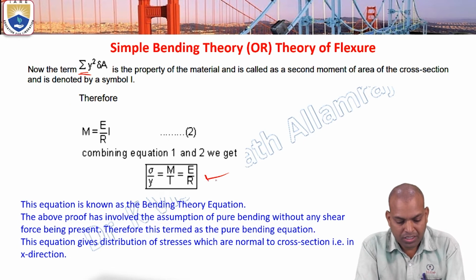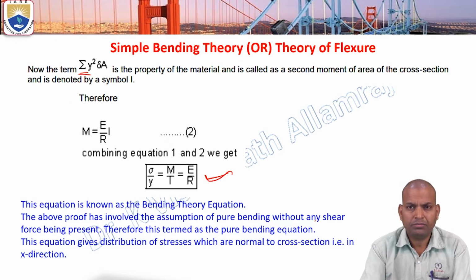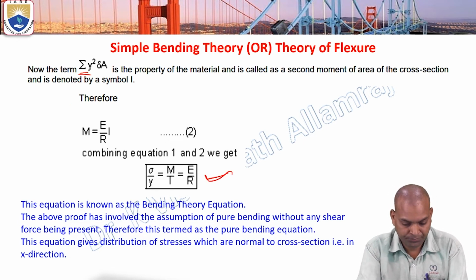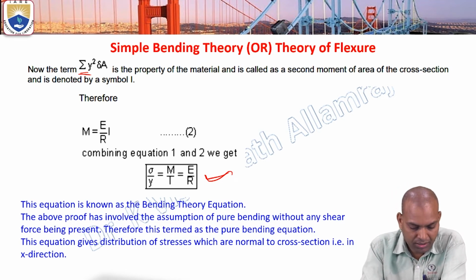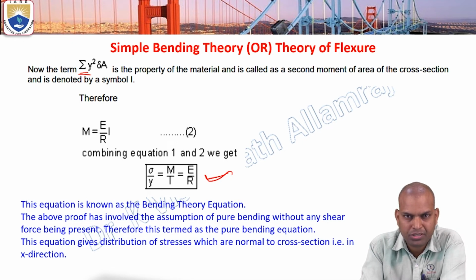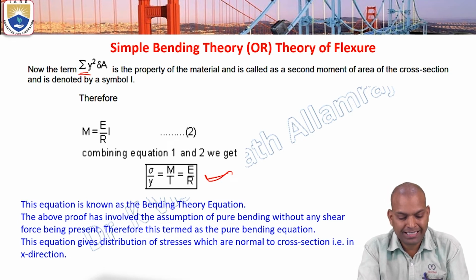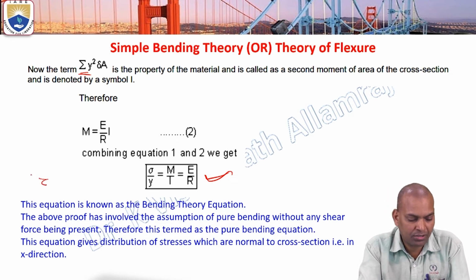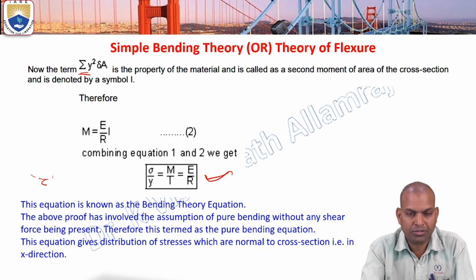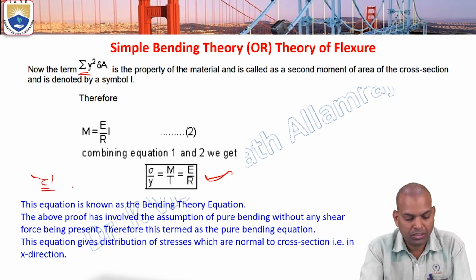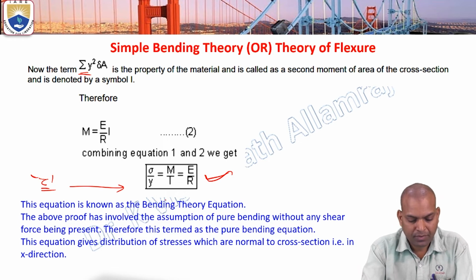This equation is known as the bending theory equation or flexural theory equation. Here we did not consider the effect of shear force, twisting and buckling. That's why there is no term related to shear stress, that is tau. It didn't appear.